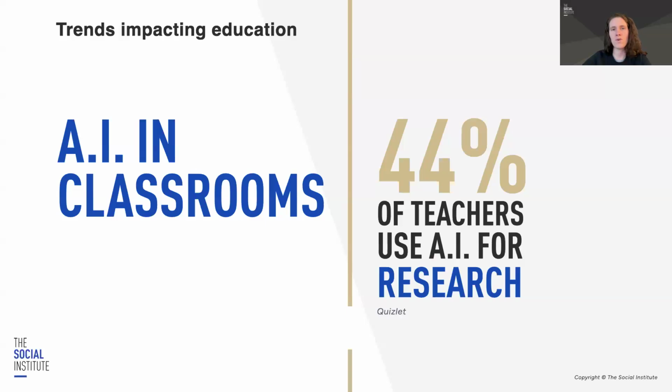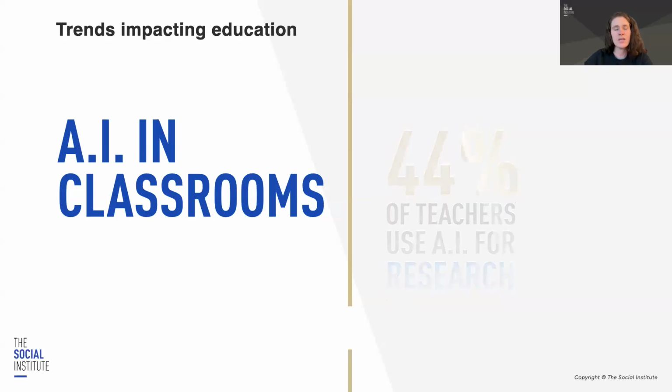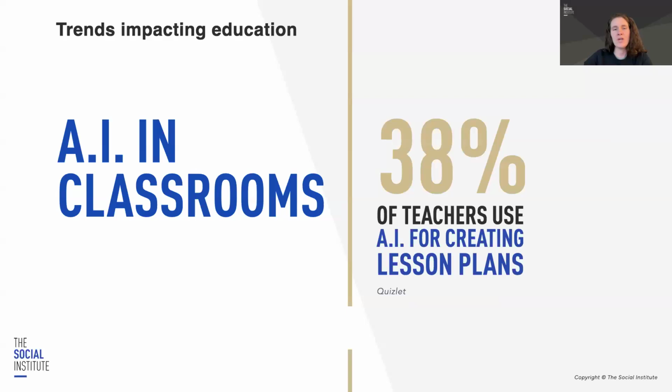We know that 44% of teachers are using AI for research, right? So if you are not already, know that almost half of your colleagues probably are, as they're looking up different things to bring to the classroom. Another stat for you here, we know that 38% of teachers use AI for creating lesson plans. So they might be using something like ChatGPT to enter in a prompt and see what comes out.